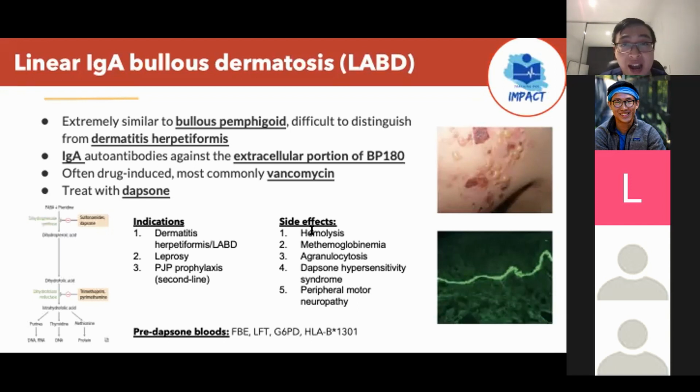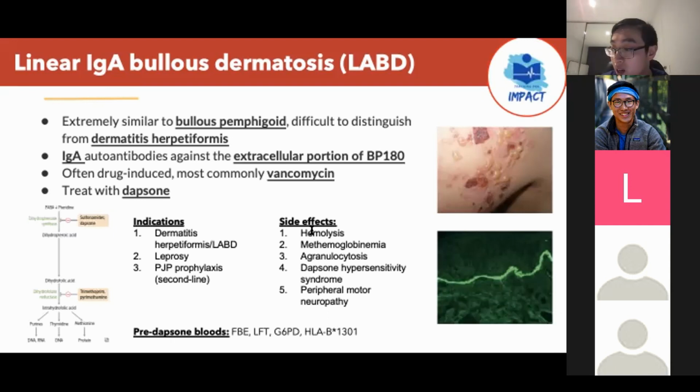This is actually a blood test that you can send off and is part of pre-dapsone bloods. So whenever you're thinking about starting a patient on dapsone, there's a panel of bloods that you need to send off, and the HLA B1301 is part of that, just to make sure that the patient isn't at risk of dapsone hypersensitivity syndrome. And the fifth side effect is peripheral motor neuropathy.